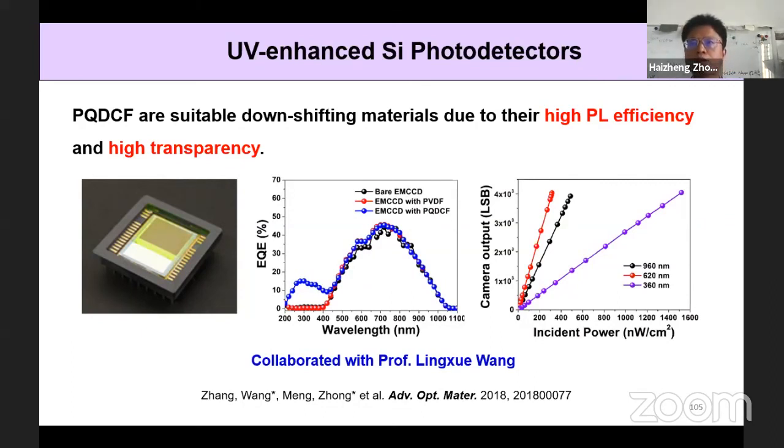And here I want to show other applications. For example, PeLED thin films show high PL quantum yield with high transparency, and they can be very good light converters to enhance silicon devices or silicon photodetectors. After coating the PeLED thin films, they show enhanced responsivity in the UV region.